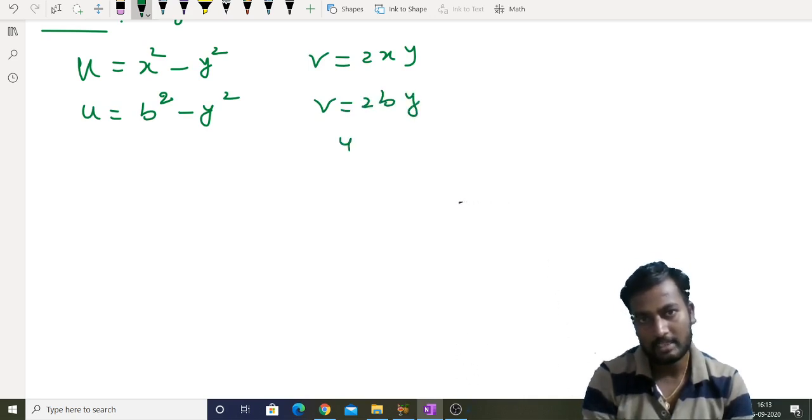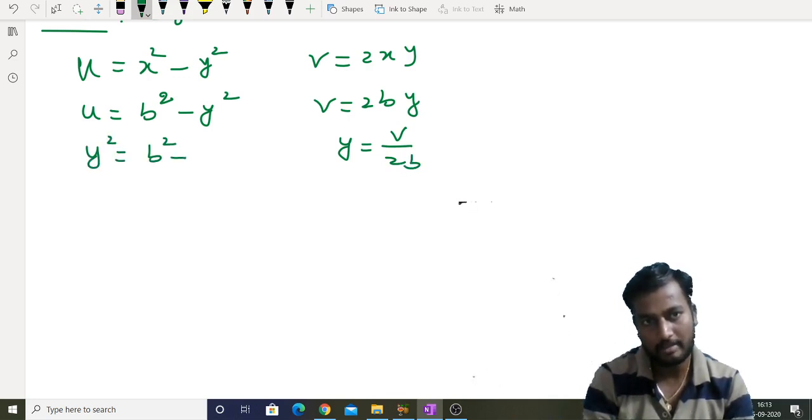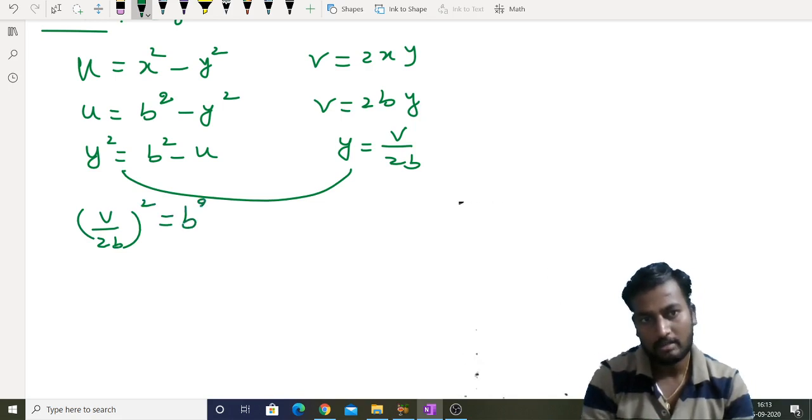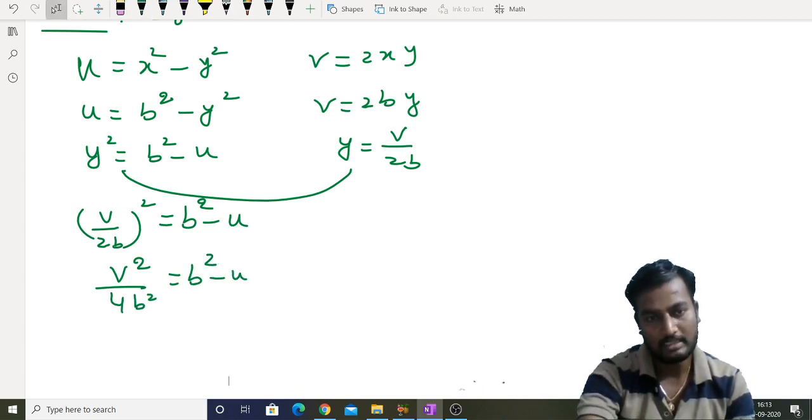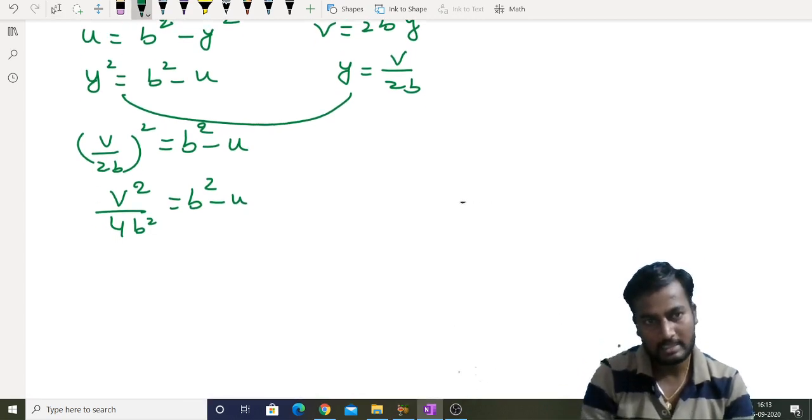From this, y equals v by 2b, so y square equal to b square minus u, right? Now you replace this: v by 2b whole square equals b square minus u. So v square equals 4b square into b square minus u, right?